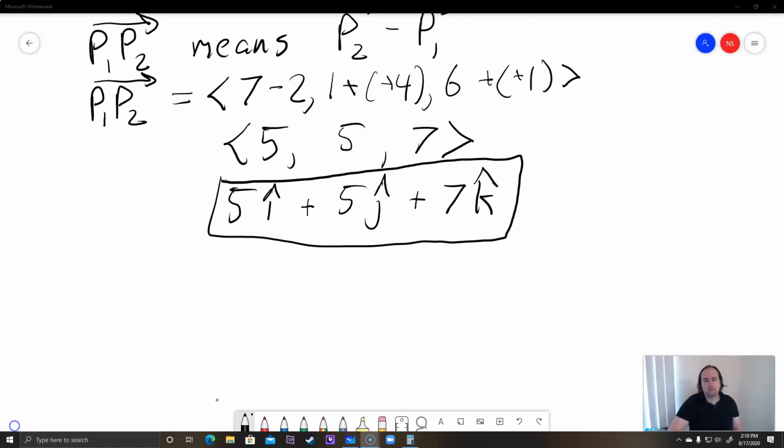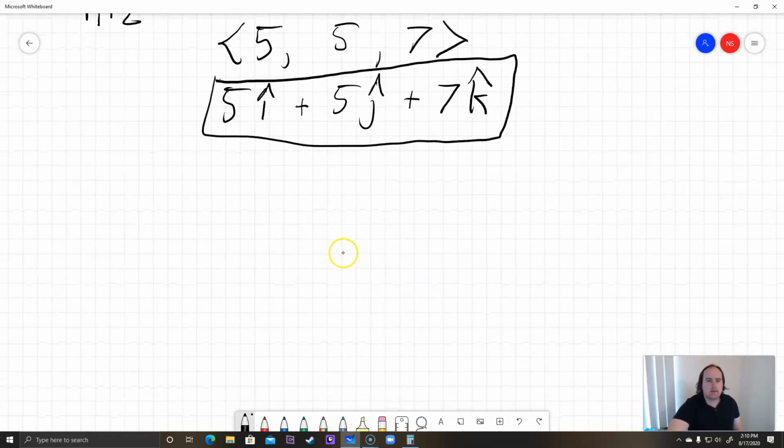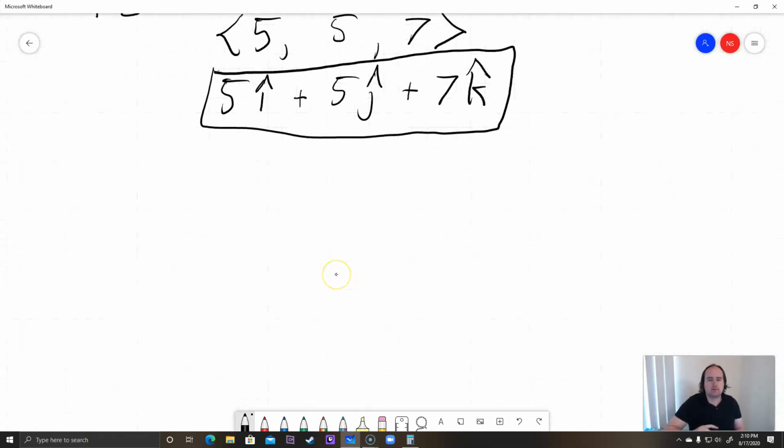Okay? Alright, so the next thing I wanted to talk about is a special kind of unit vector. And this is called the direction vector.